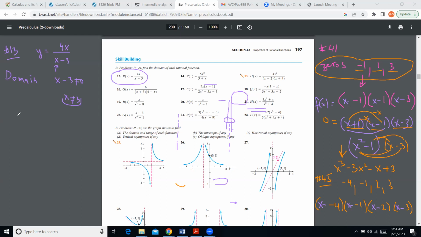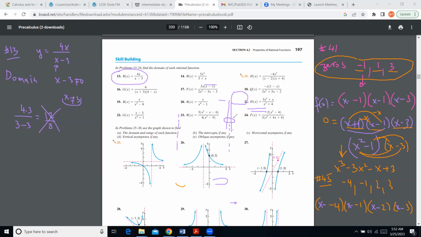So I'm going to plug the 3 in the denominator, and whatever the number is on the top, I'm going to end up dividing this by 0. And this is not what we can do. We don't divide by 0.